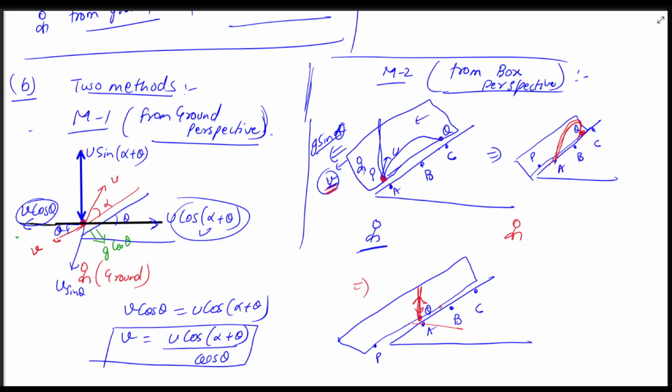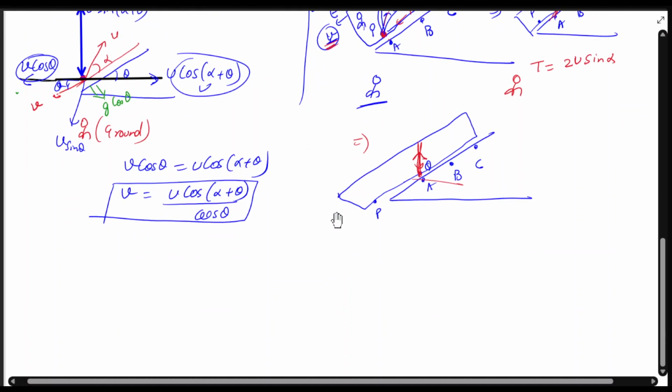So let's solve. Now, how will we solve this from the box perspective? Look, from the box, the particle has traveled the distance r, which we have calculated, and it has taken some time. We can find this time of projectile. It will be simply 2u sine alpha. So let me solve it here.